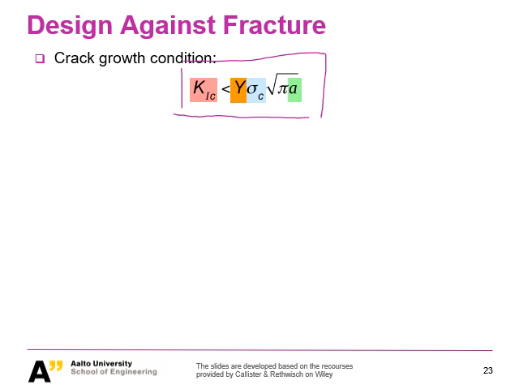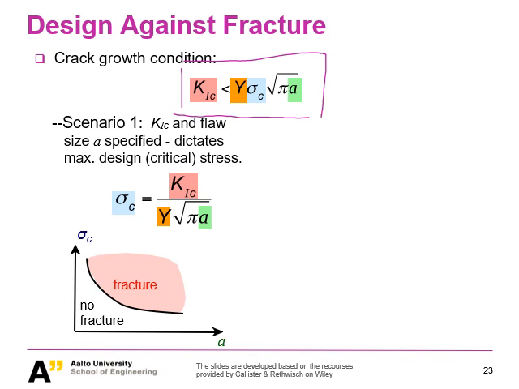And as we want to just say, not talk about the material design, we're talking about design of our component, of our loading. And we have always a constant K1C, and there would be two scenarios for us to do the design. The first one is we have the constant K1C, and we also have the constant flaw size, which is the crack size in our material.